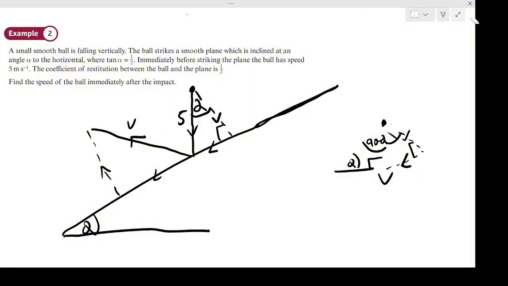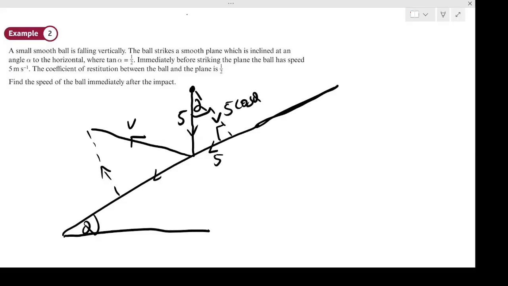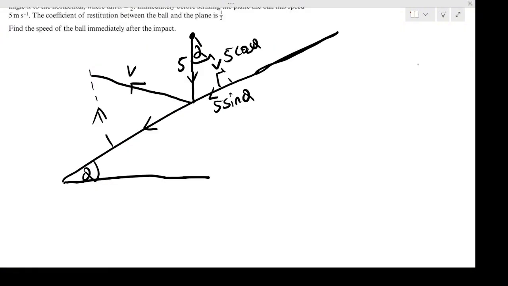Anyway, what you need to know is that this angle, again very similar to weight, is going to be alpha up here as well. If I was to do the parallel and perpendicular parts, this length is going to be 5 cos alpha, because it's adjacent to the angle, and this is going to be 5 sine alpha. Then let's say v is at an angle beta. That's not going to be alpha, by the way. It's going to be a different angle, beta.